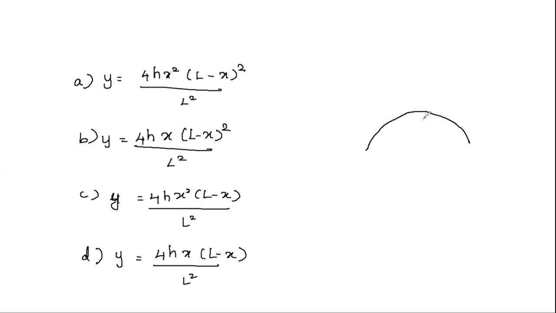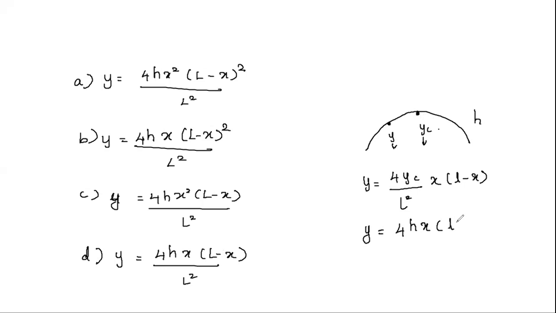We keep the rise as yc, and to find this we use y is equal to 4yc divided by L square into x into L minus x. Here they have taken yc, the critical height, as h. So the equation is y is equal to 4h into x into L minus x divided by L square. So the correct answer is option D.